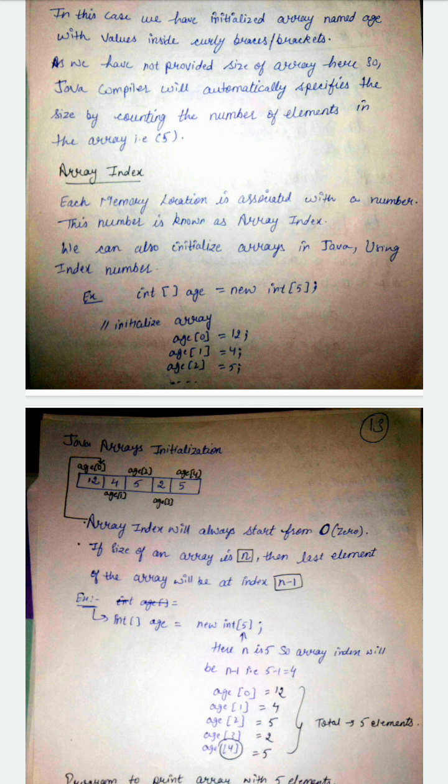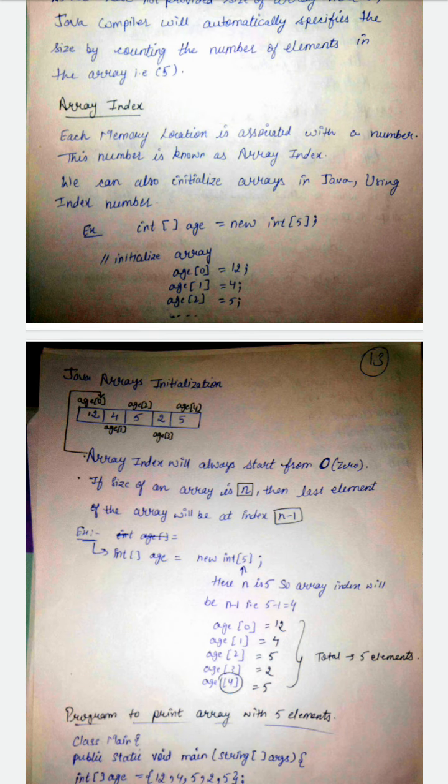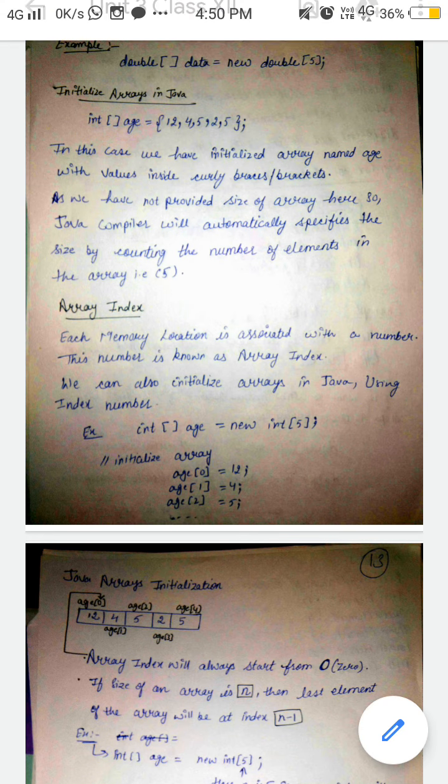So each memory location is associated with a number. It means if you have to locate the number 12 in the array.